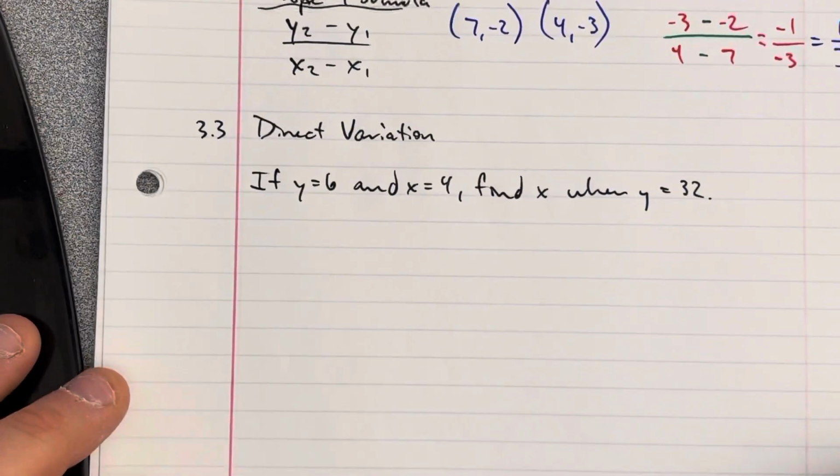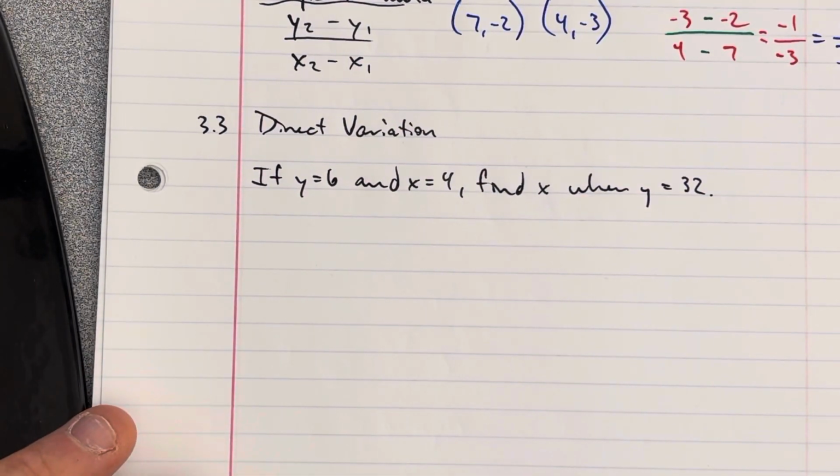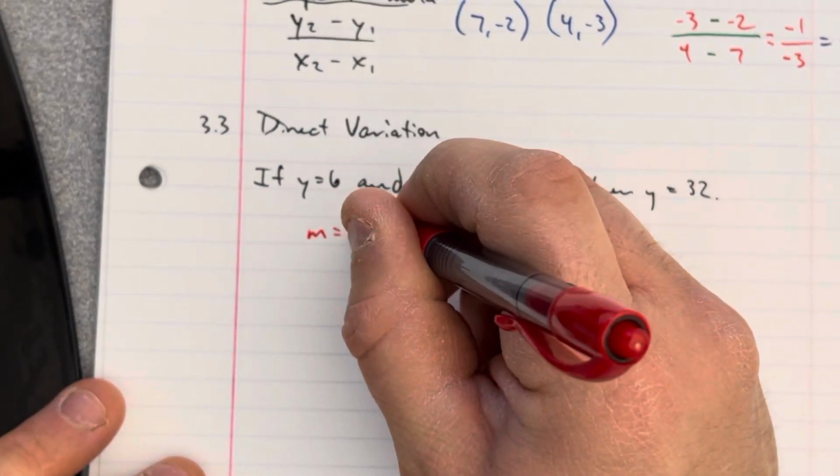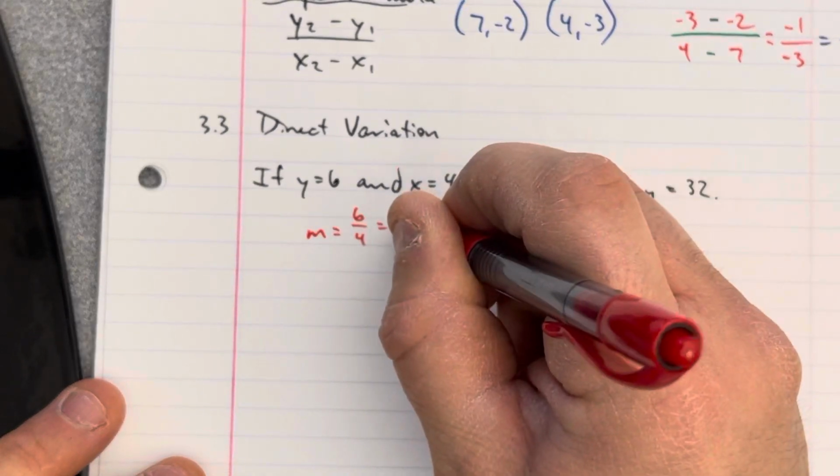All right, so this is where we said we're kind of creating a proportion. We're finding the slope of the information over here, and we want it as y over x, which is just 3 over 2.